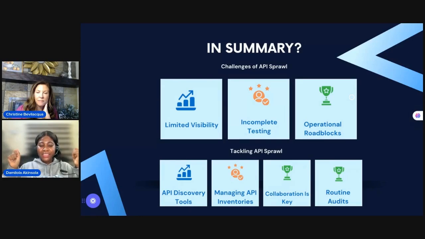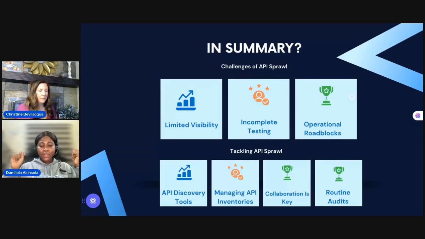And to tackle API sprawl, we considered some API discovery tools that we could make use of, like Burp Suite or ZAP, amongst others. We also looked at how to manage our API inventories, ensuring that we have all our documented APIs in check, defining our APIs accurately, with everything in place: endpoint URLs and their usage, everything accurately documented.